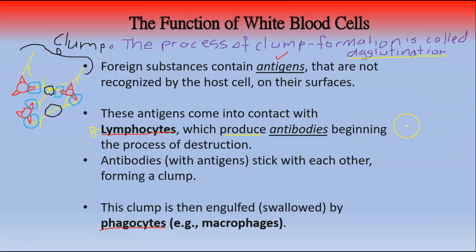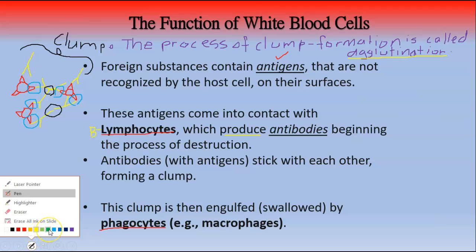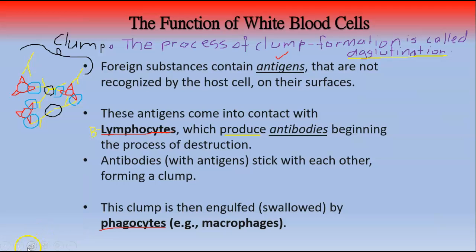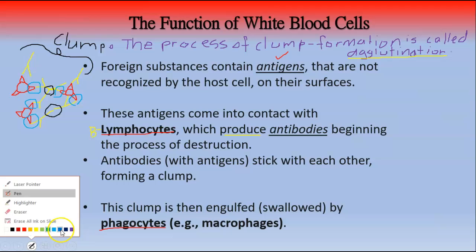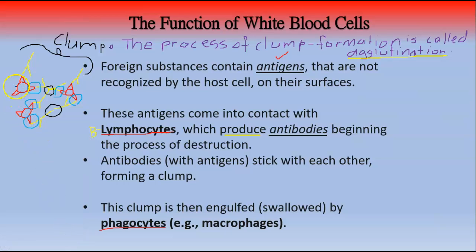say this is a clump here. We'll use this one, a macrophage, which is an example of a phagocyte, would now come and it would surround the clump like this.